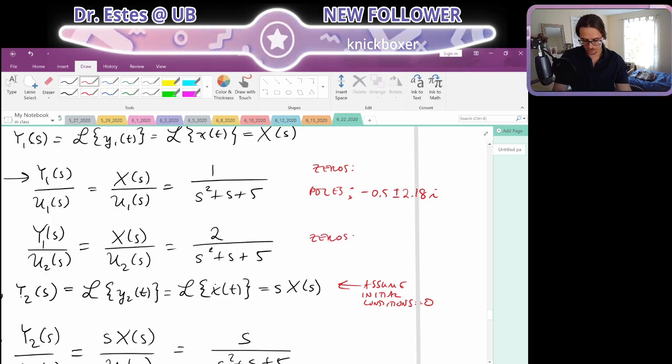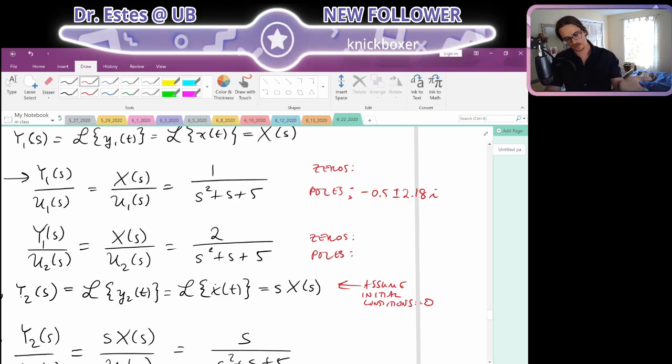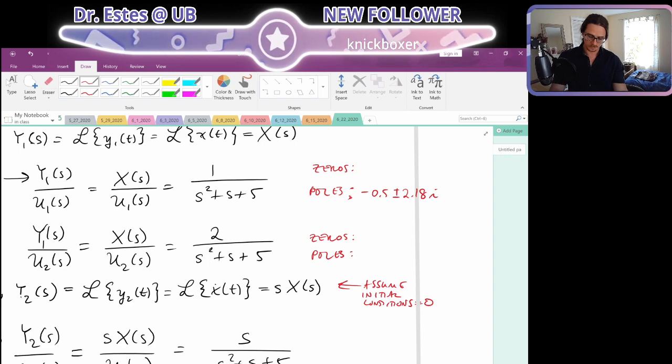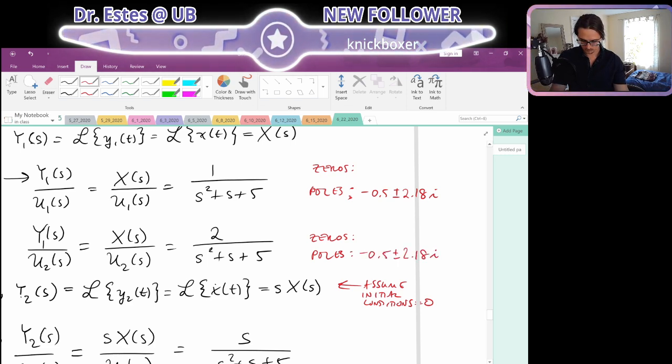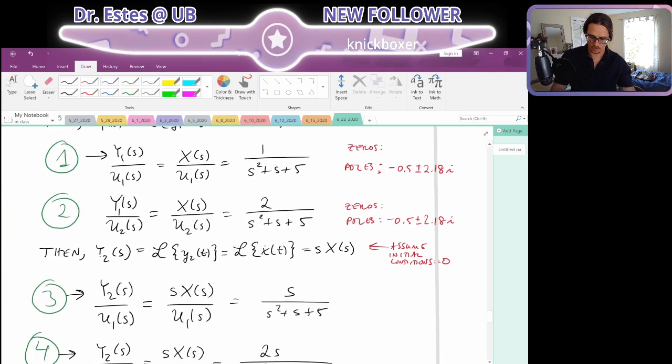Something about transfer functions for a given system. This system has 6 transfer functions. All of the transfer functions are going to have the same poles. You know why?